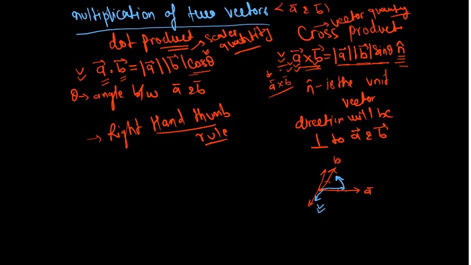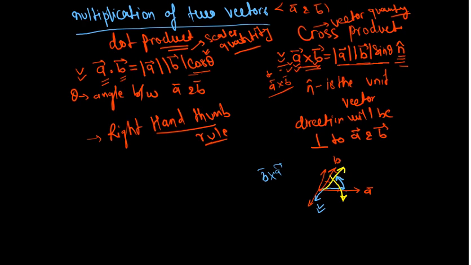Now if you are doing B cross A, then your fingers will be moving from B to A. So in that case, the direction of the thumb will be inside the screen.